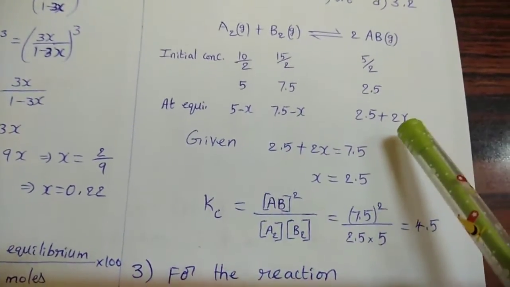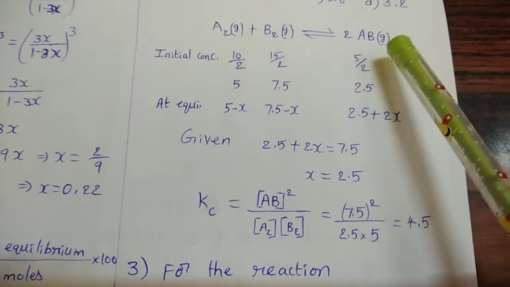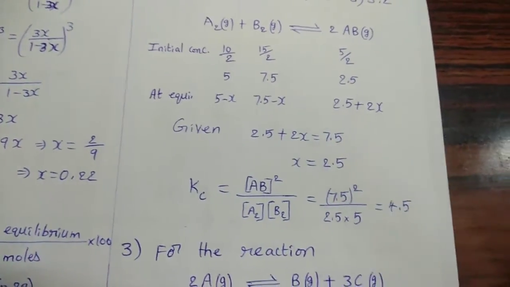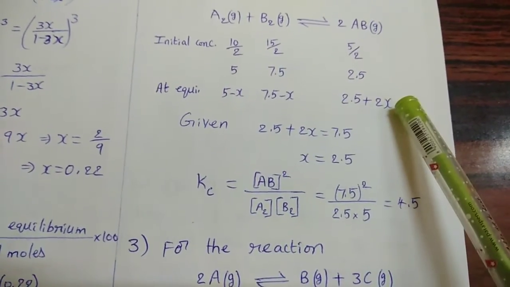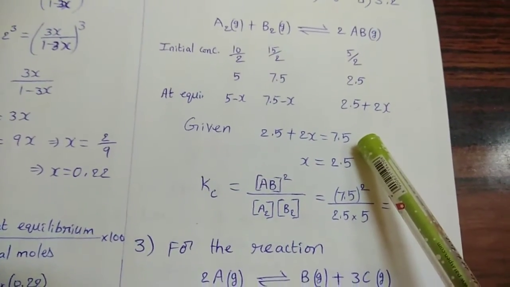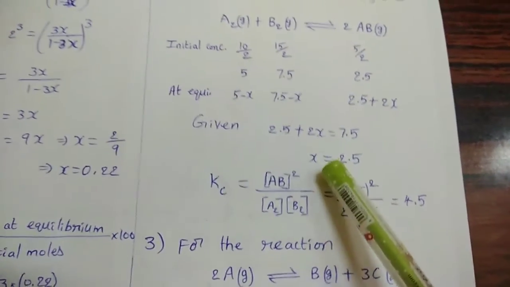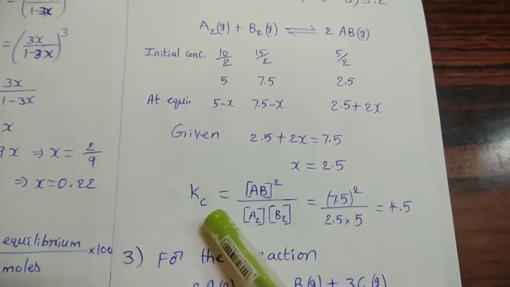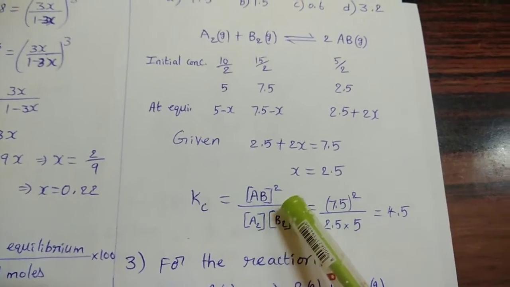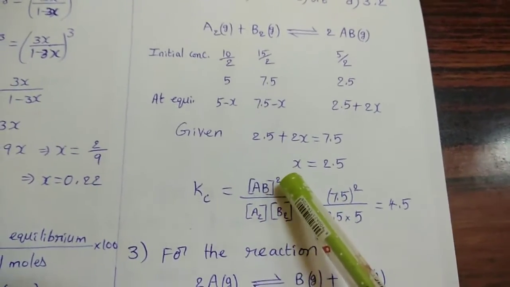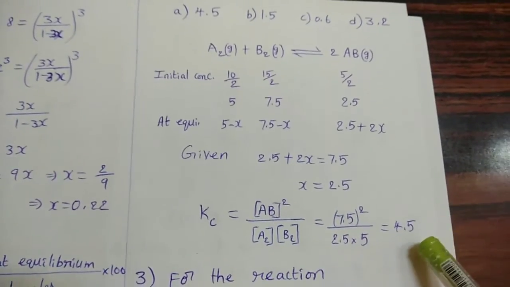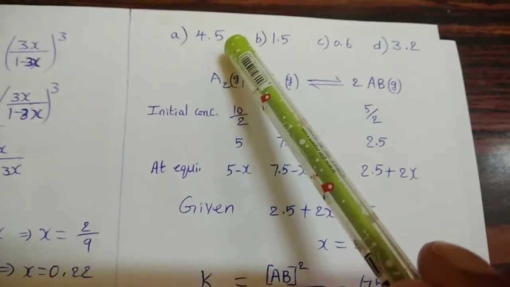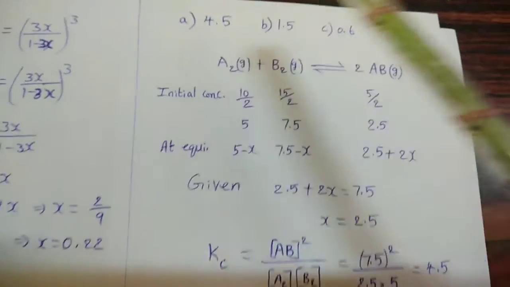Now according to the given condition, the AB concentration at equilibrium is given, so this value is equal to 7.5 molar. From this x value we can get the Kc expression. Substitute the concentrations of products and reactants, then we can get the answer. Kc equal to 4.5. So what is the option? Option A is the answer.